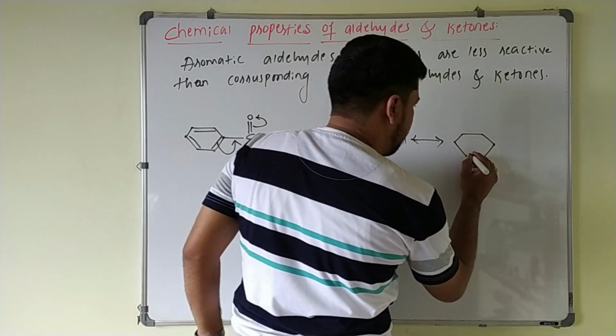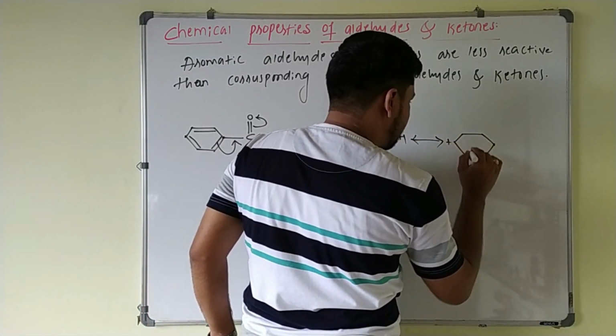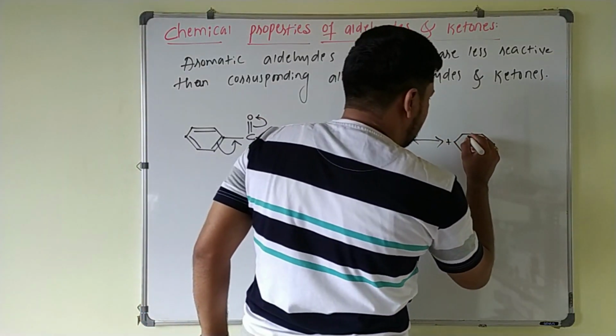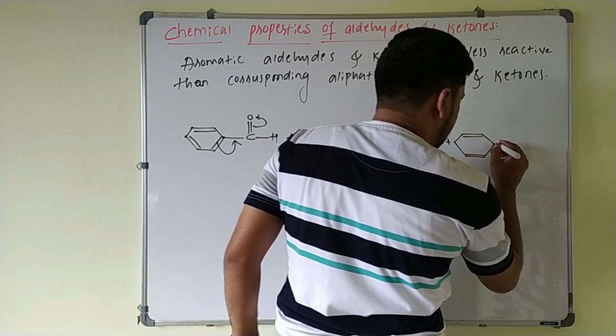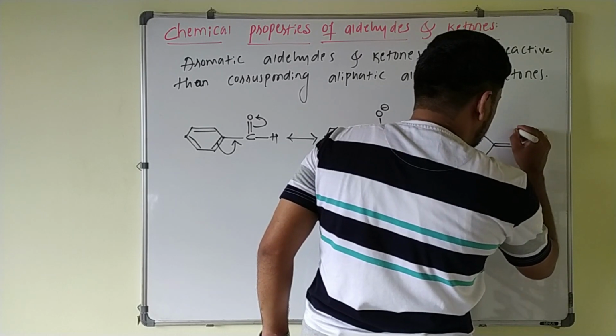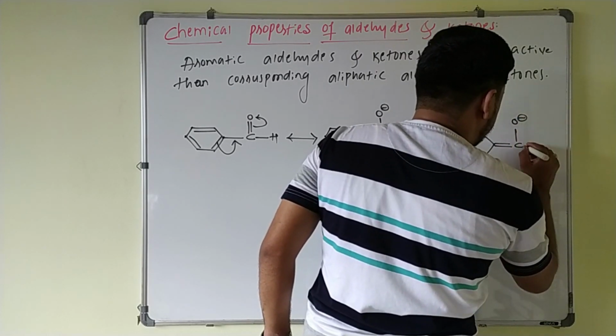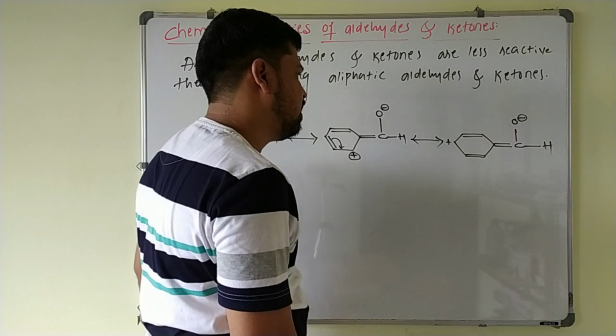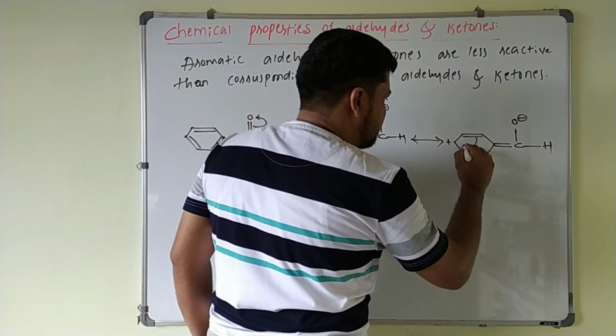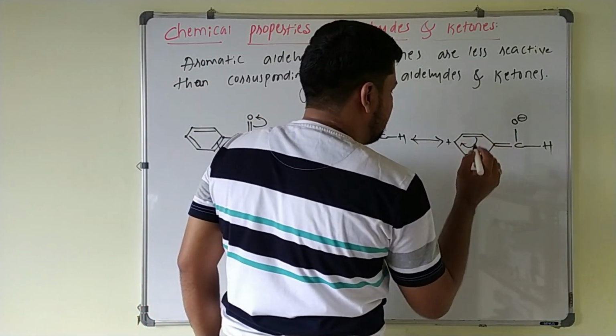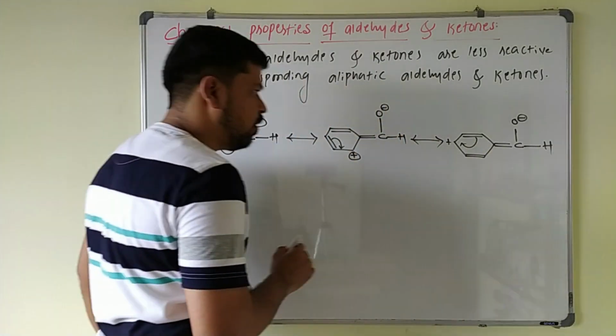Here you will get a double bond, positive charge is transferred to this carbon atom, and this pi bond as it is, and this is a double bond, carbon oxygen with a negative charge, and this is like this. Now this pi bond is given towards this bond. What happens now?